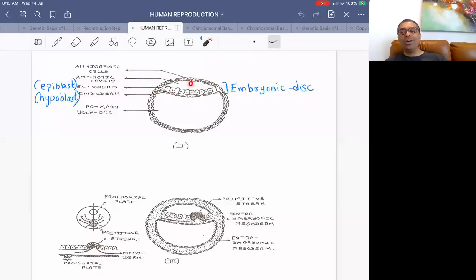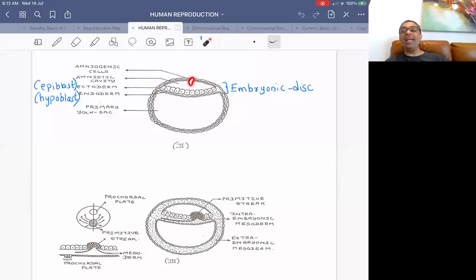In the future the amniotic cavity will be filled with amniotic fluid, which will surround the entire fetus and act as a shock absorber for the child.